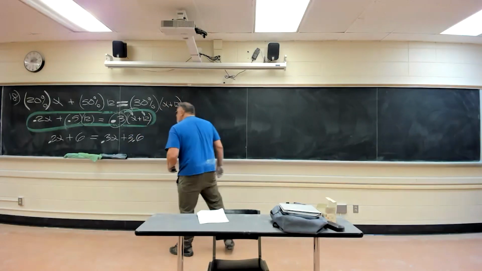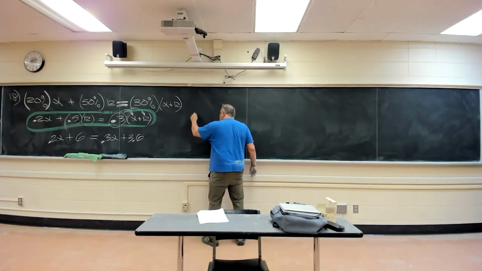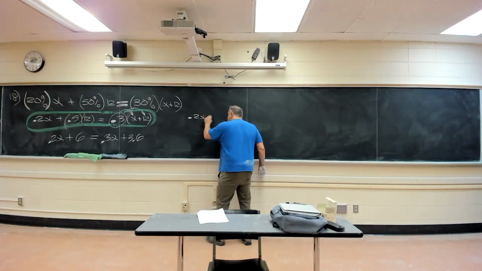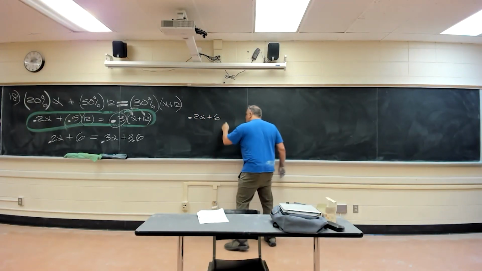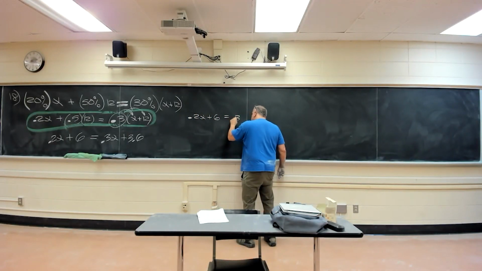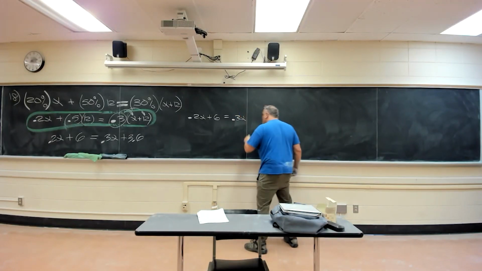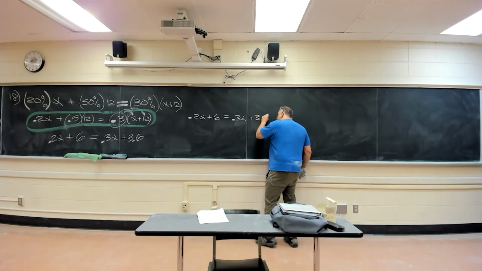Sounds good to me. What you got there is 0.2x plus 6 equals 0.3x plus 3.6.